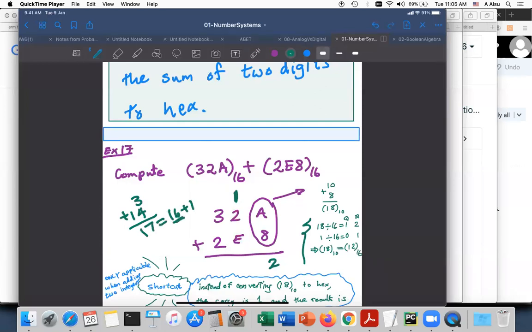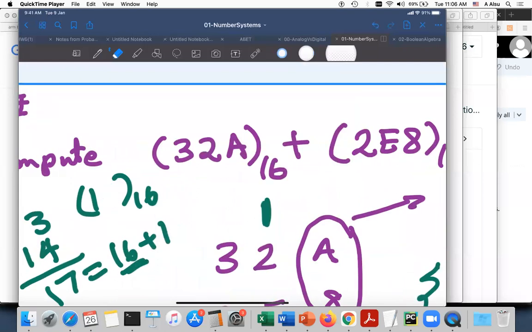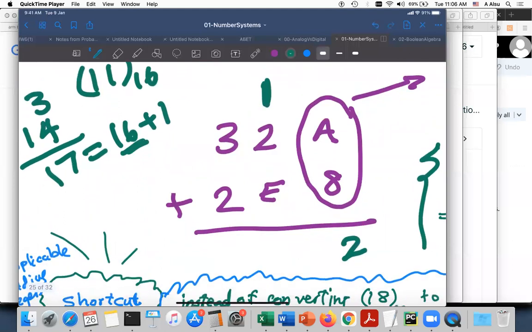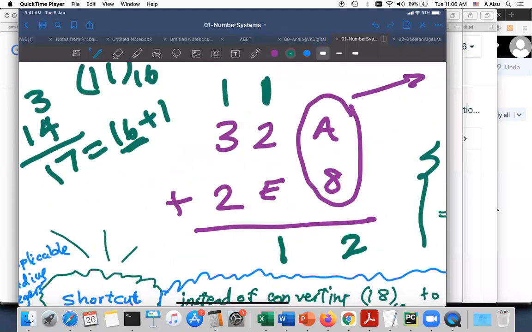And we know how to represent 16 in hexadecimal, which is 1 followed by a 0. So you add a 1 to that, it becomes 1, 1 in hexadecimal. So 1 with a carry of 1, right?